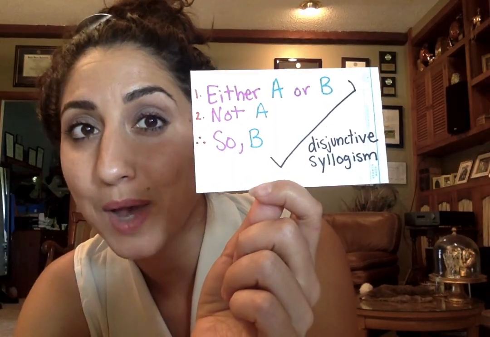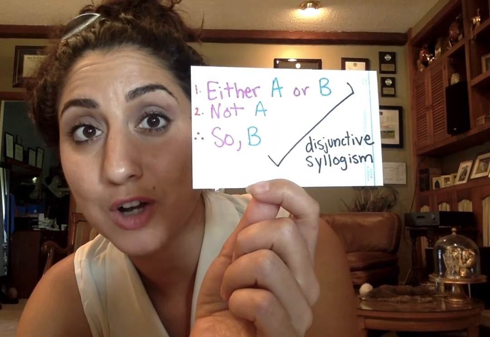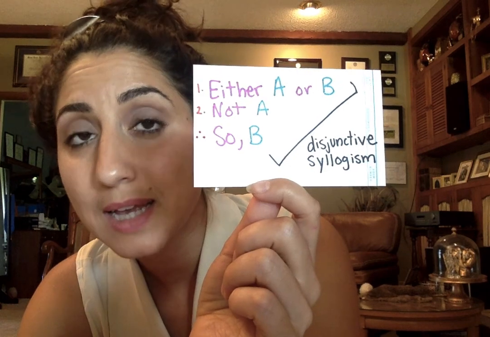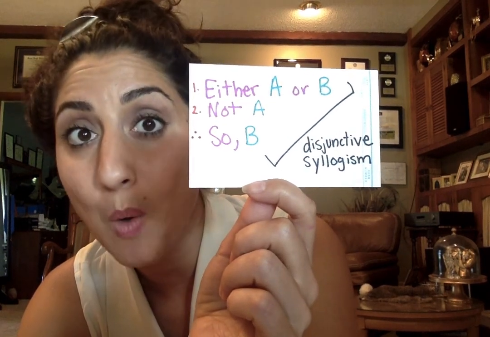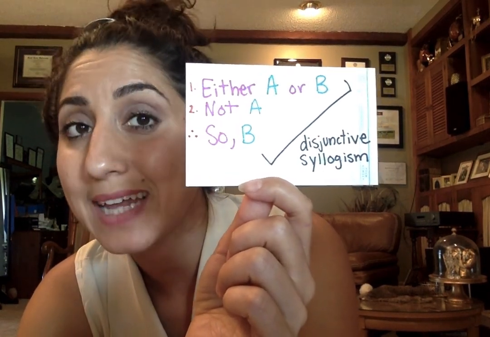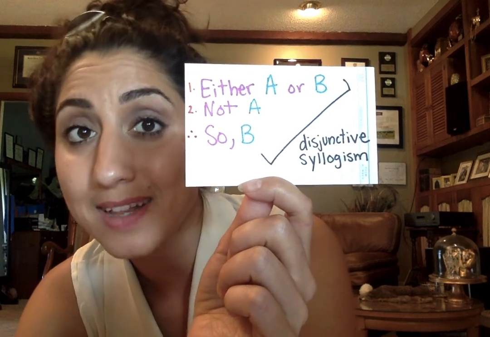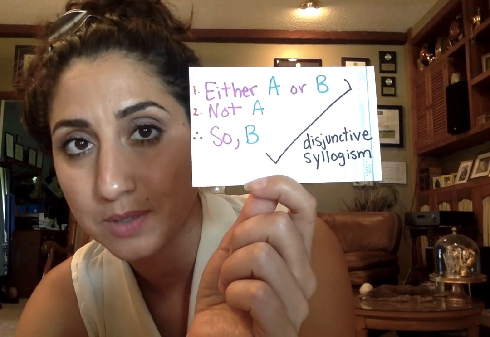The only way to prove the conclusion of this argument false is to show that one or both of the premises are false. And even then, it'll be a valid argument that's not sound.